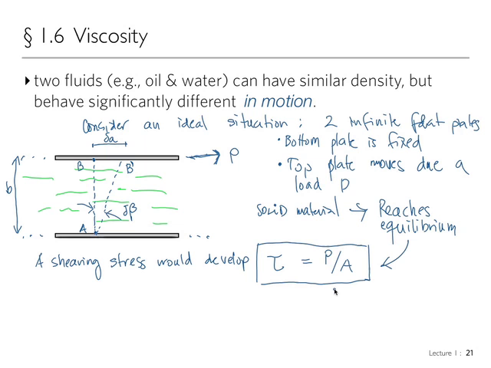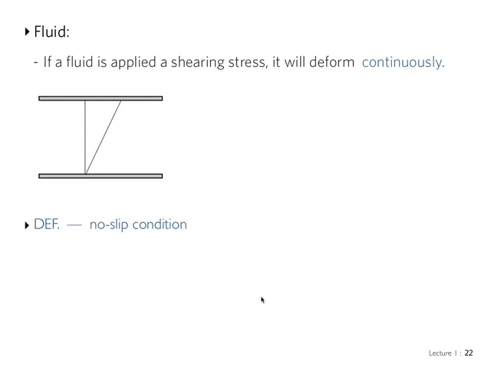It reaches equilibrium. Now, if the material is fluid, then the upper plate is going to move continuously with a certain velocity. We no longer have this equilibrium that is expressed in this equation here. We have a different situation. So the shearing stress now is something different. So we have, again, the same figure that we had before.